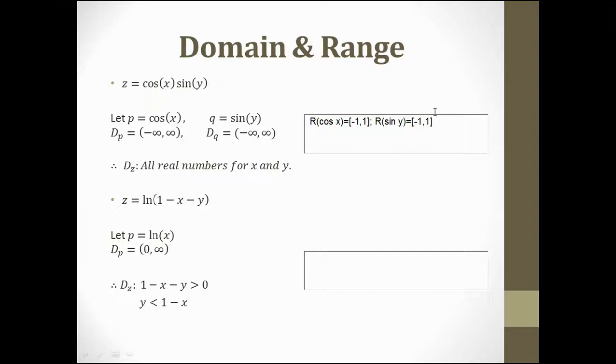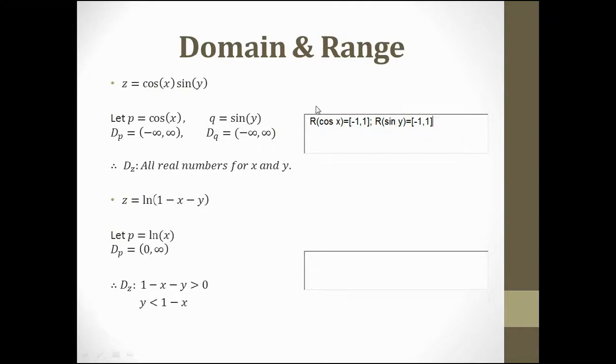So let's be careful in our reasoning here. Let's think about this logically. We know that the range of cosine of x is continuous, right? And the range of sine of y is continuous. And we know that every number in between -1 and 1 is some form of proper fraction, like 1/3 or -2/3, right? And we know that when a proper fraction is multiplied by 1 or something that's lesser, we would get something that is lesser than 1, or greater than -1 if we think of it in another way.